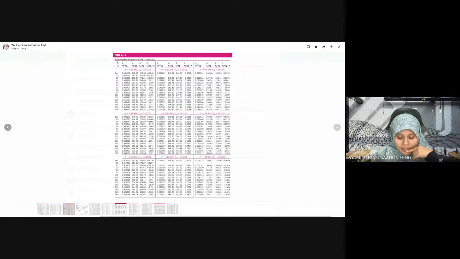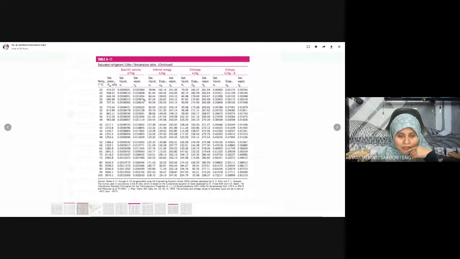And at the exit we have T4 at 35 degrees Celsius.